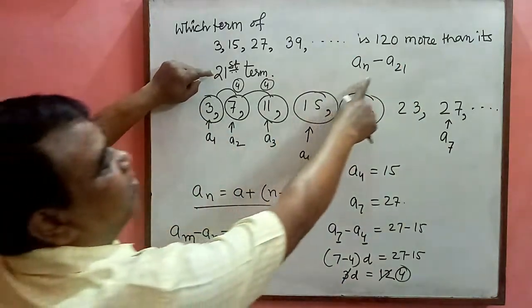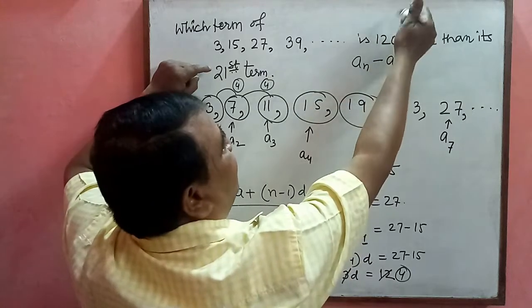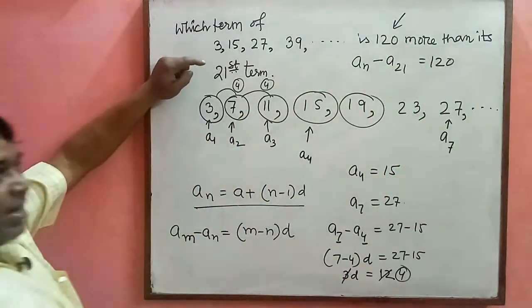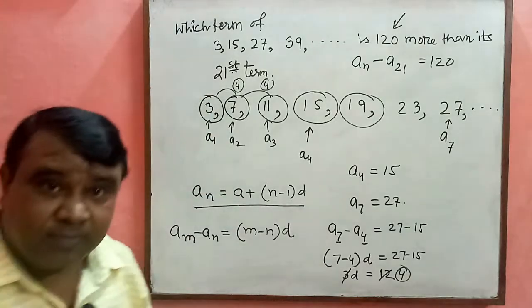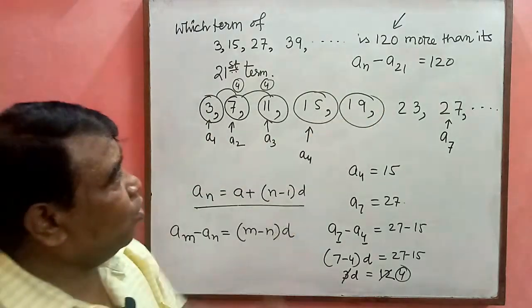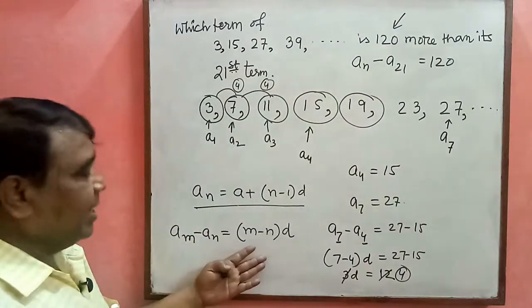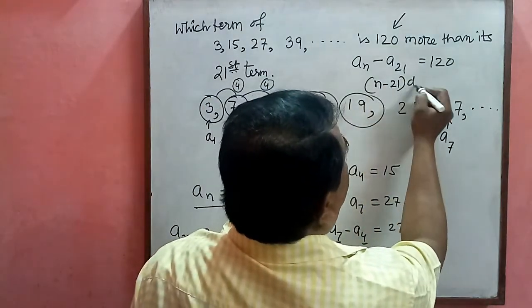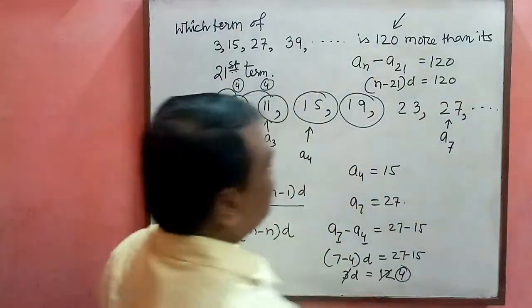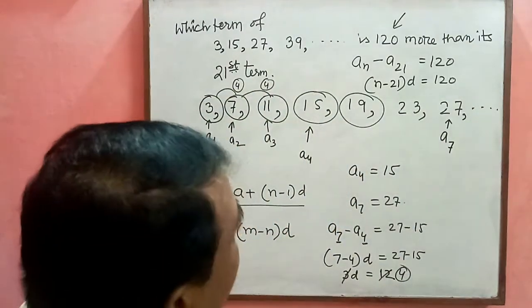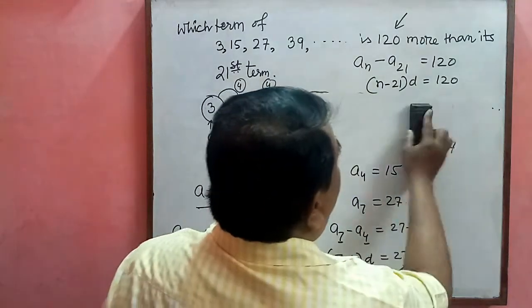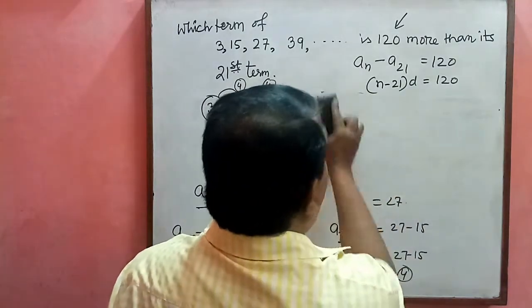That means the nth term minus the 21st term will give me the difference, that is 120, which is given. So here, if I use this identity, it is (n minus 21) into d is equal to 120.